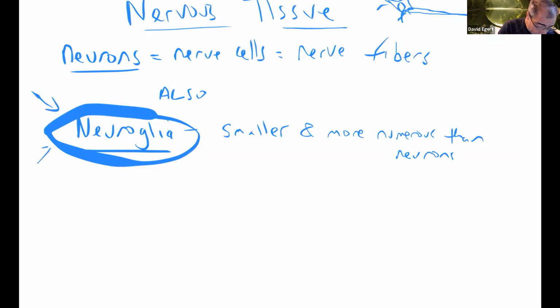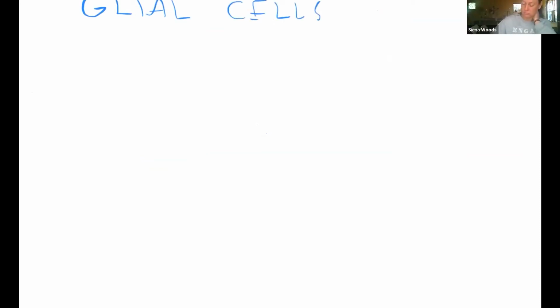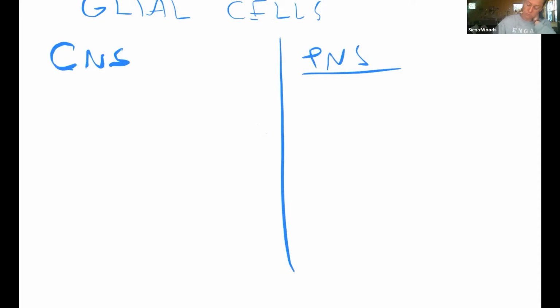The supporting cells that you find are different depending on if you're looking in the CNS or the PNS. So, in fact, let me just go to a new page so I have more room. One of the jobs that these glial cells do is make the myelin sheaths.